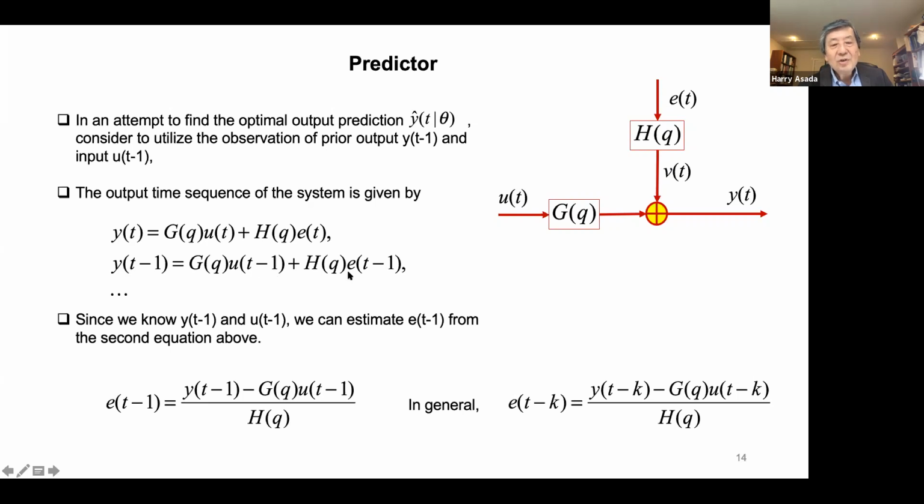So we can solve this for e(t-1) to estimate it: putting this on one side and dividing by H(q), we can estimate e(t-1). Other e(t-k) in general can be predicted in this way, if you have the measurement of y and the input u(t).